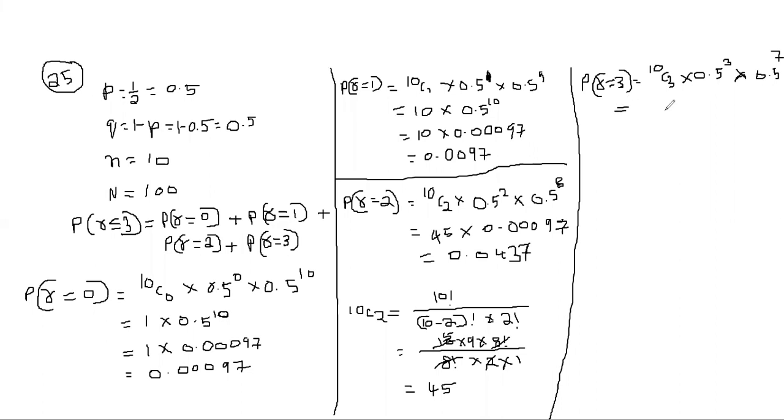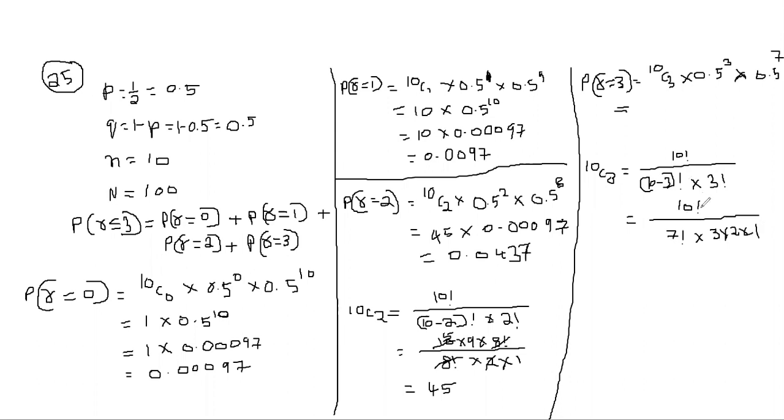Let us find 10C3. 10C3 is equal to 10 factorial divided by 10 minus 3 factorial into 3 factorial, which is 10 factorial divided by 7 factorial into 3 into 2 into 1.